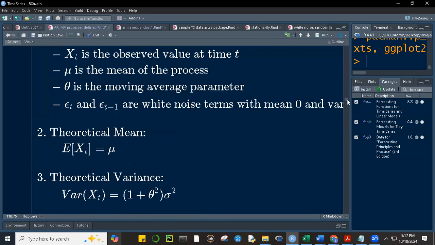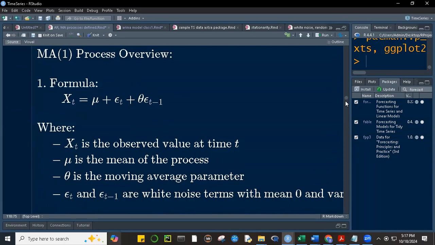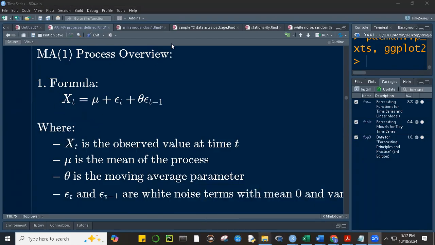Okay, so this is your MA process. I already gave the formula of the MA process. Look at the formula, class, of the MA(1) process. Note that this is not c, it is mu, which is your long run average already. So the MA process already gives us the mean of the process, unlike the AR process, because there it is only a constant.